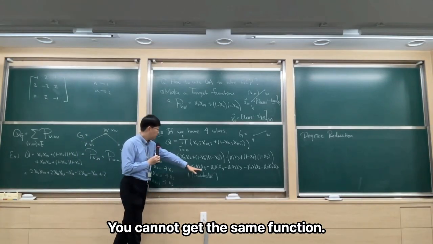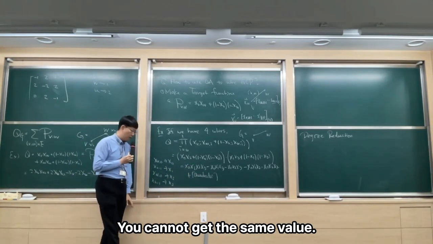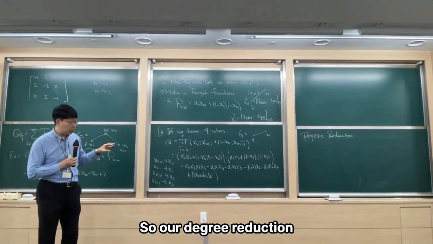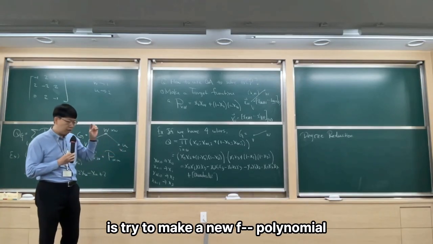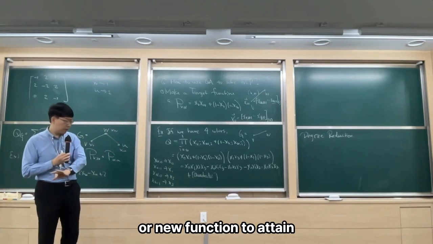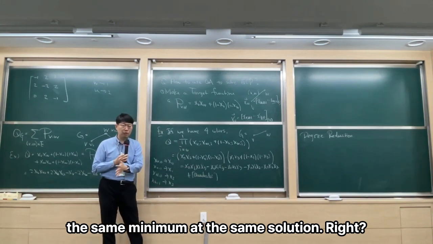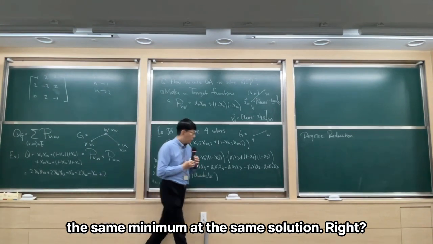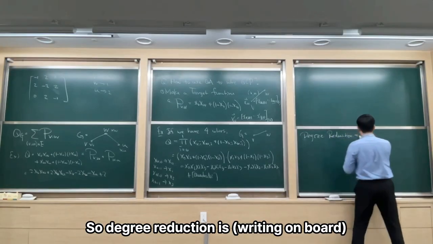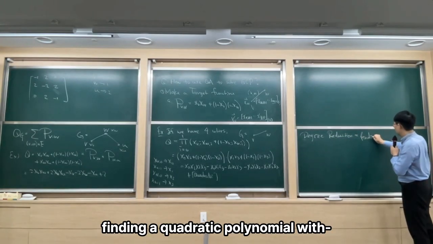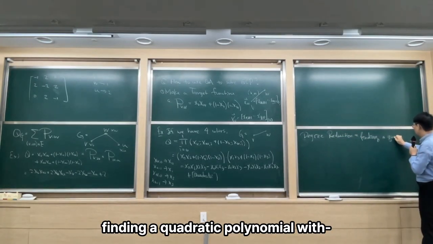You cannot get the same function or the same value. So degree reduction is trying to make a new function to attain the same minimum at the same solution. Right? So degree reduction is finding a quadratic polynomial that has the same minimum at the same point.